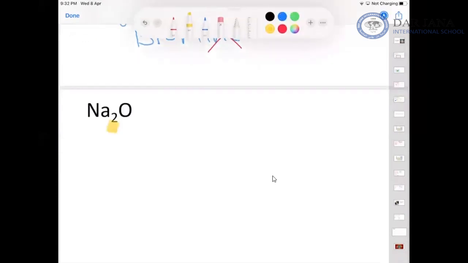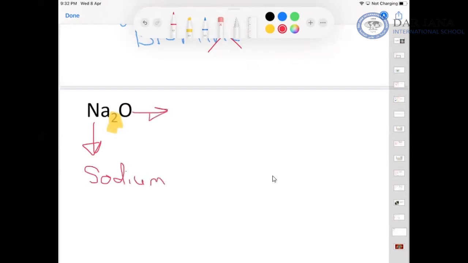Na2O. Now the 2 here means that you have 2 sodium atoms. It does not affect the name of the compound when you are naming an ionic compound. So Na is the metal. The name in the periodic table is sodium, so you just write sodium.